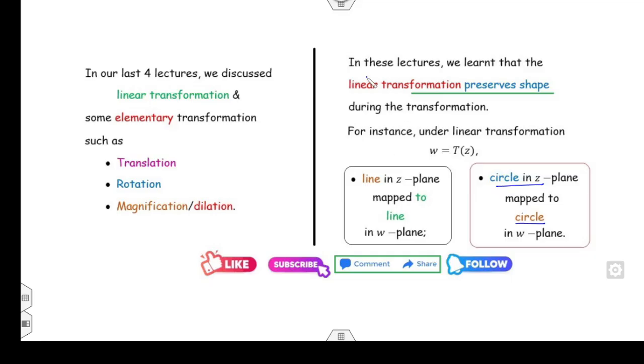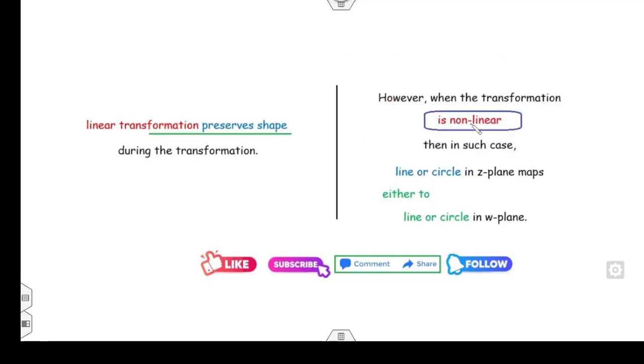But whenever you have a non-linear transformation, non-linear transformation means you have w is equal to 1 over z, or w is equal to z plus 1 over z, or w is equal to (2z minus 3) over (z plus 4), or w is equal to z square and so on.